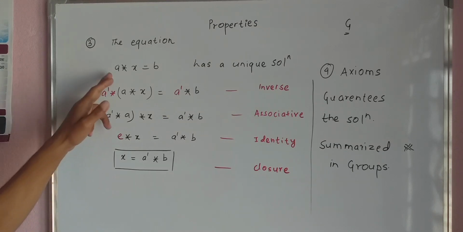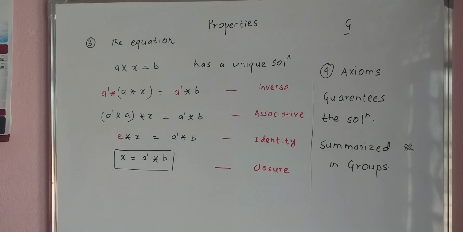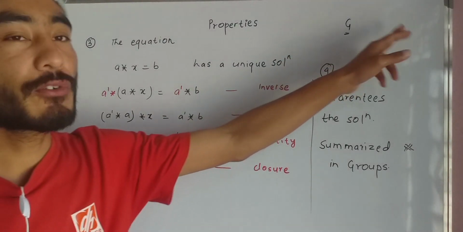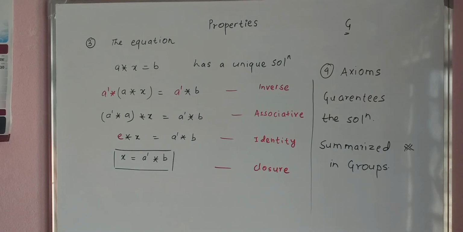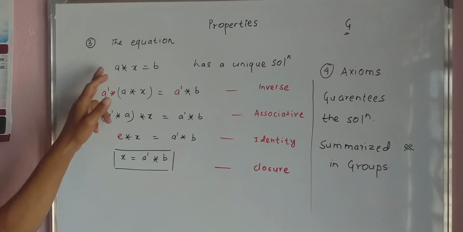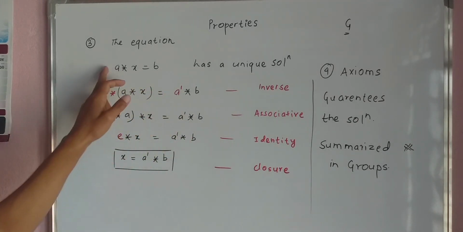For that, we eliminate a. To eliminate a, we need its inverse, and G being a group guarantees the inverse of a. Suppose a prime is the inverse of a, next we operate both sides by the inverse of a.